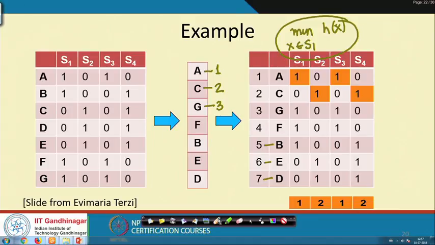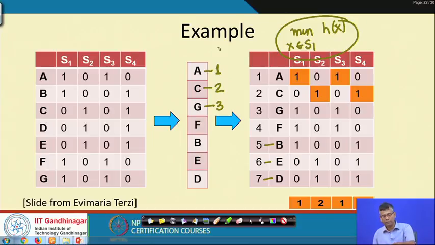The rows that contain a 1 for the column S1 are the only elements that belong to this set. So, in this visualization, you reorder the rows according to the random permutation, and then for every column you choose the first row that contains 1 according to this reordering.